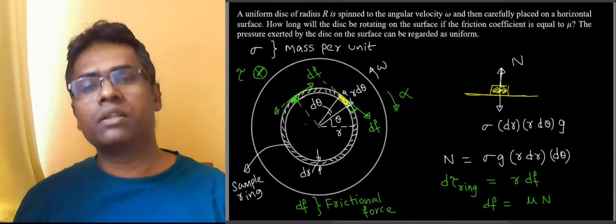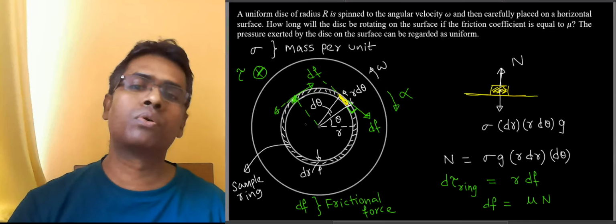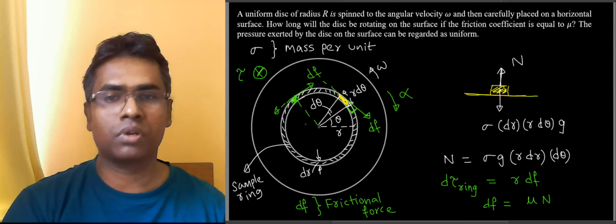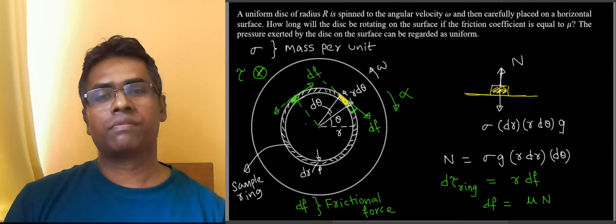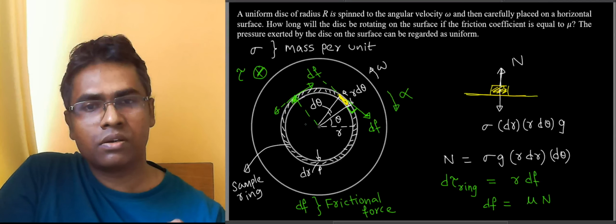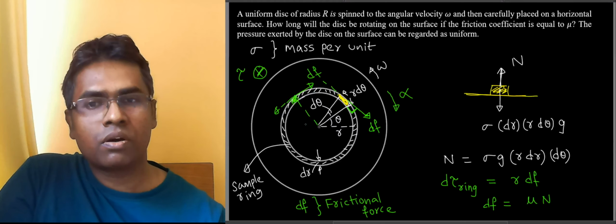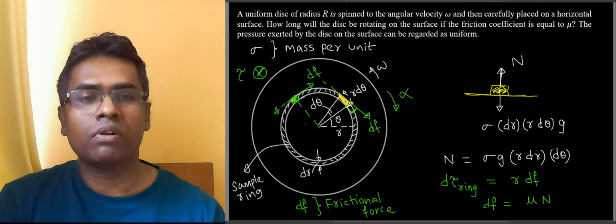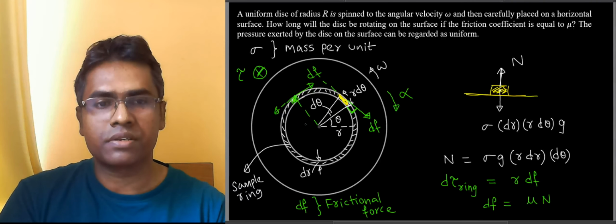Now, if you apply right hand thumb rule, even here, you would notice that the torque would still point into the board. So that means the frictional force acting on each of the sections of this ring is causing a torque into the board. So the vector addition of all these torques is simply an algebraic addition.